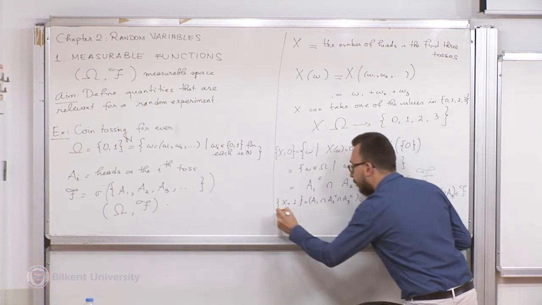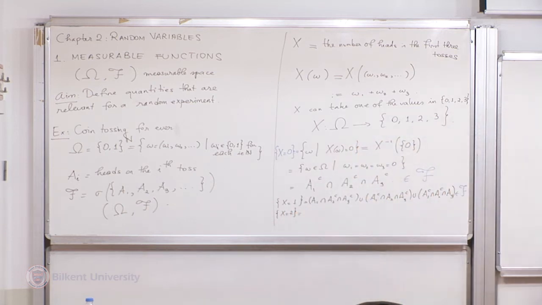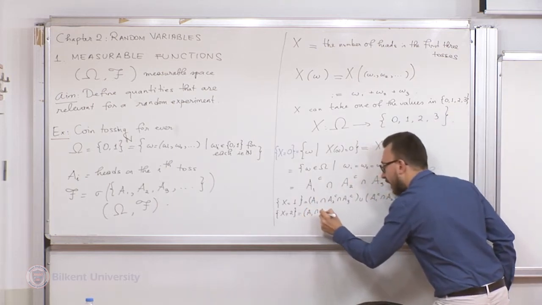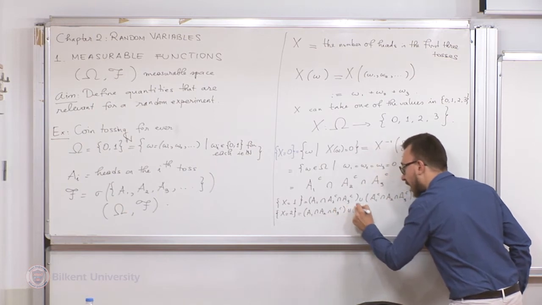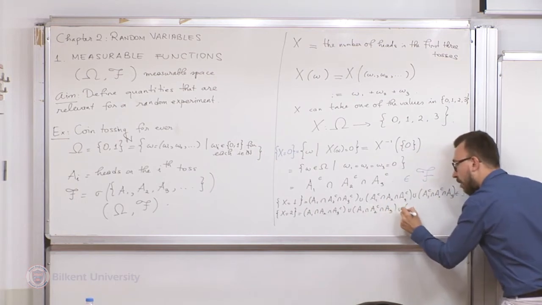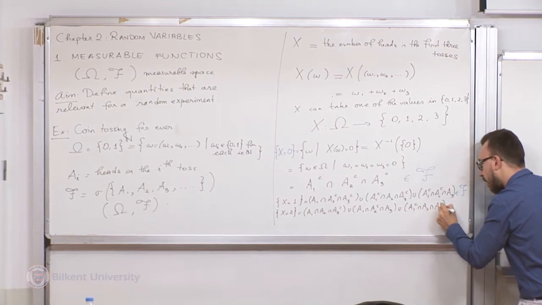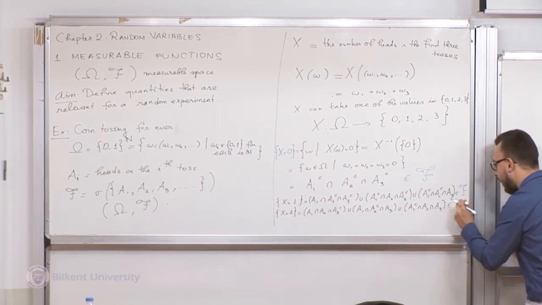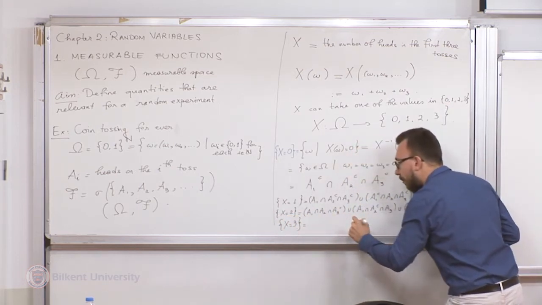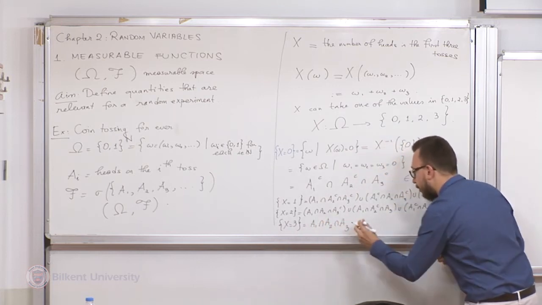Let's write down X equals 2. So this means we need 2 heads, but not 1 tails. So maybe A1 and A2, but not A3. A1 and A3, but not A2. Not A1, but A2 and A3. This is also enough. And finally, we have X equals 3, which means we have heads, heads, and heads, which is also enough.